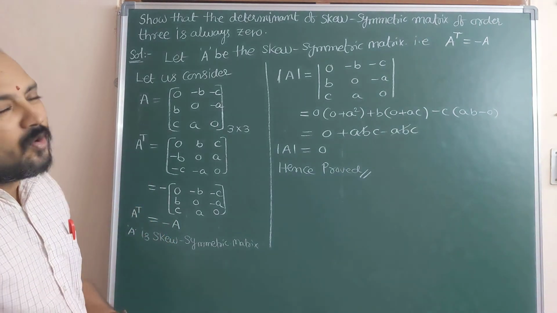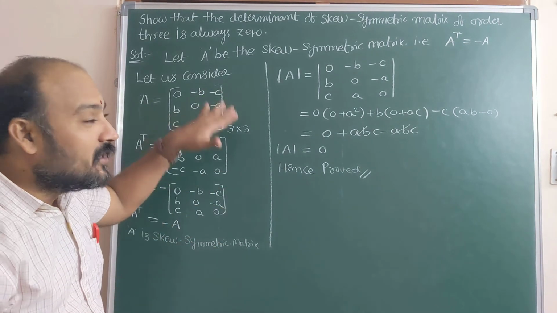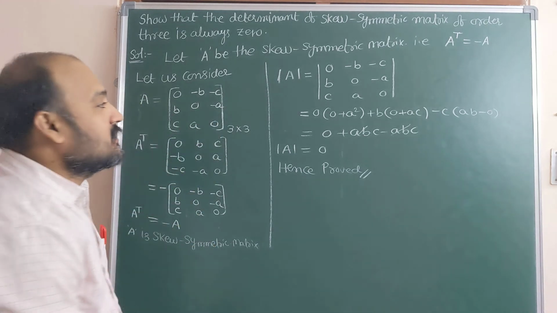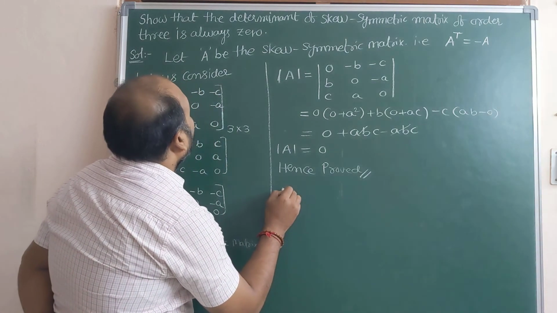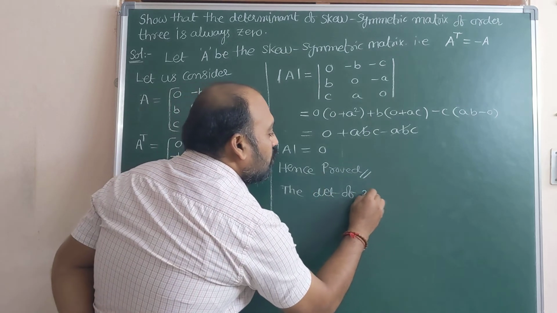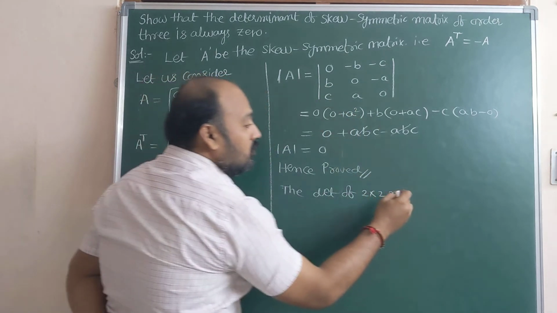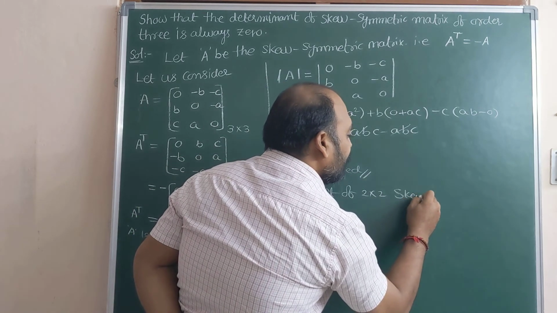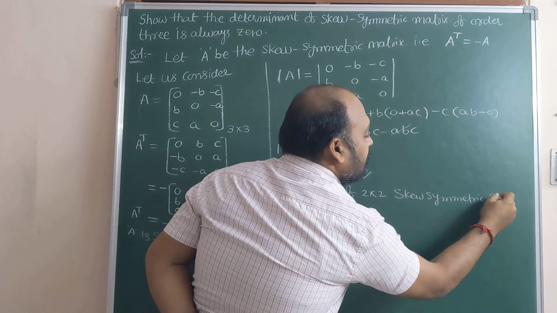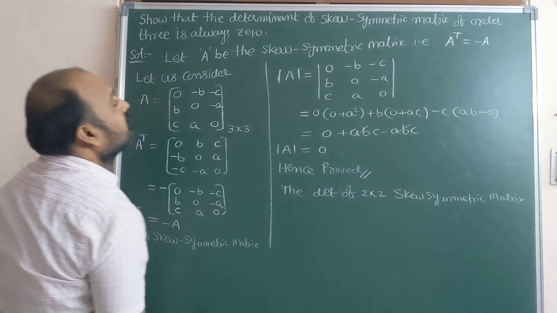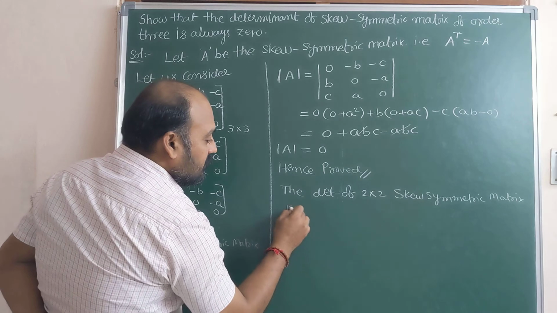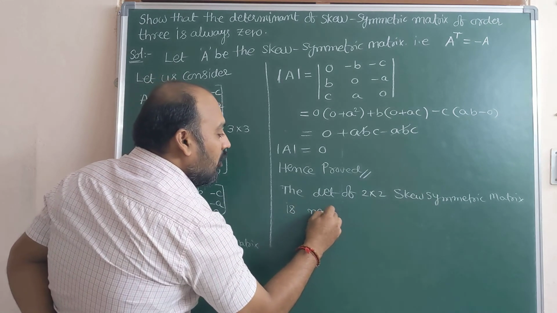But one more important result you need to learn from this example. If it is a 2 by 2 skew symmetric matrix, the determinant of a 2 by 2 skew symmetric matrix need not be 0.